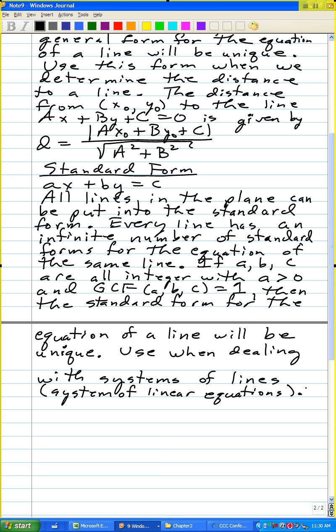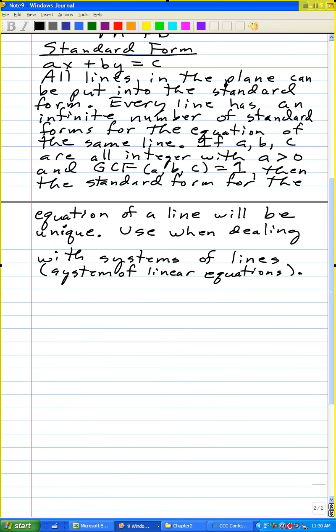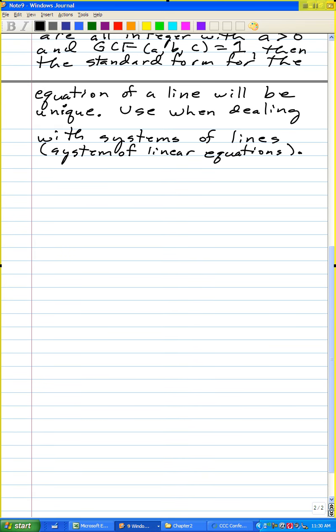Okay. Next, the slope-intercept form. The slope-intercept form for the equation of a line is y equals mx plus b. M in this case is the slope of your line.